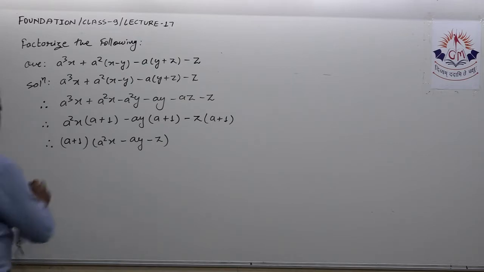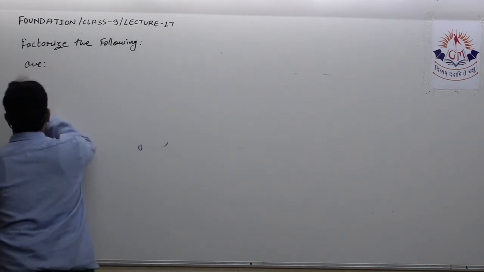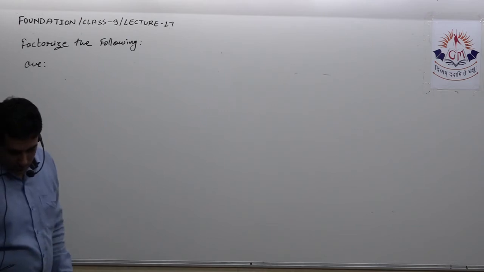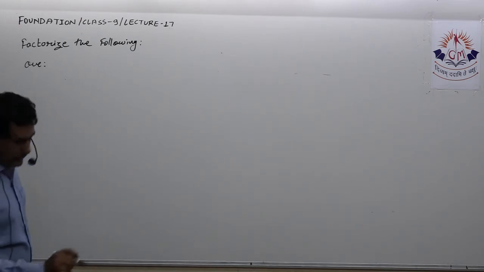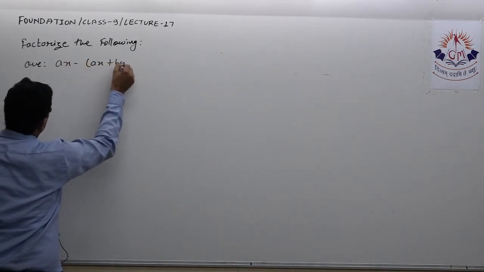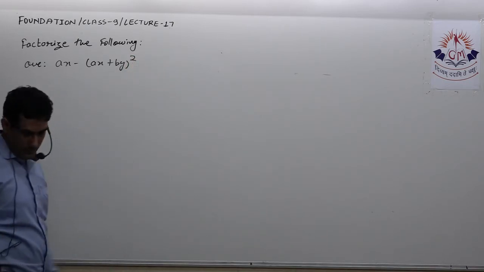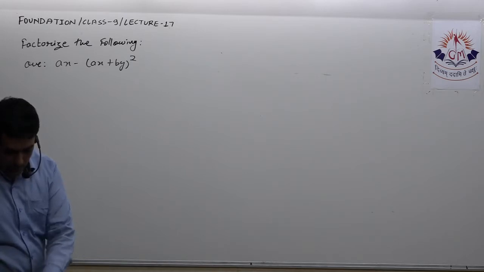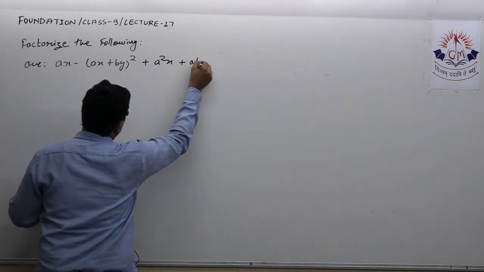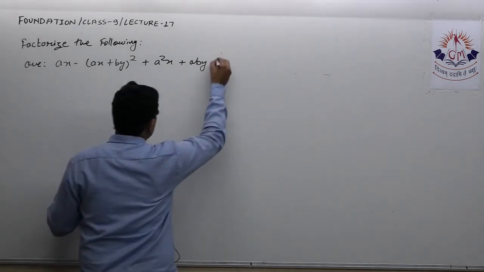Okay, now let us see the next question. Next question is ax minus ax plus by whole square, plus a square x plus aby plus by.